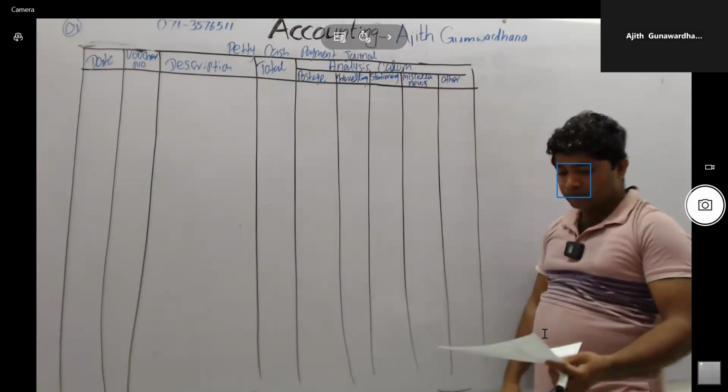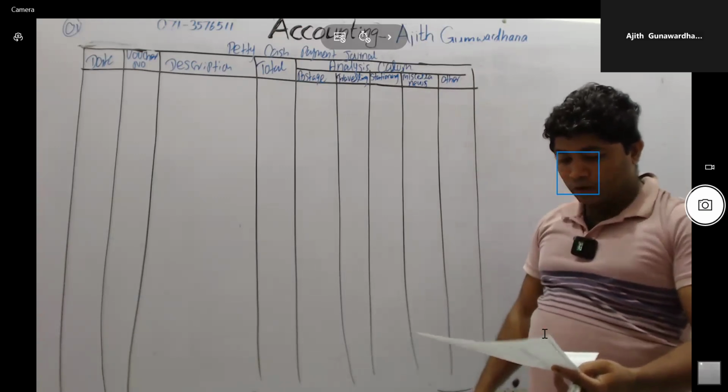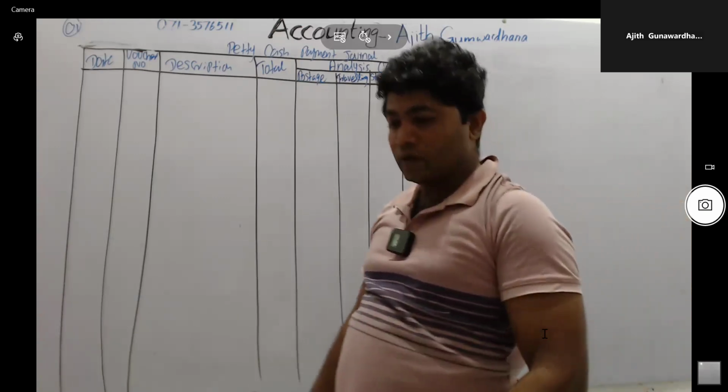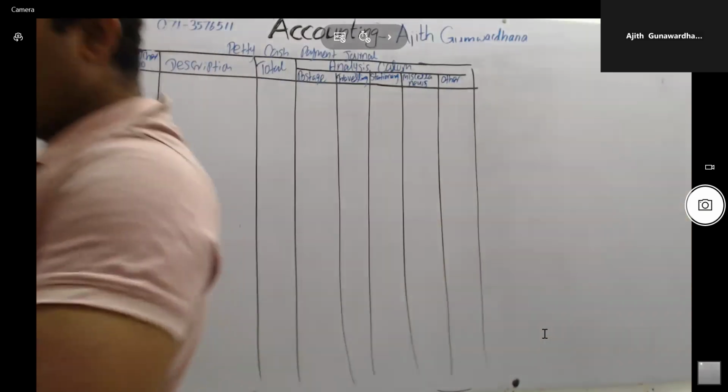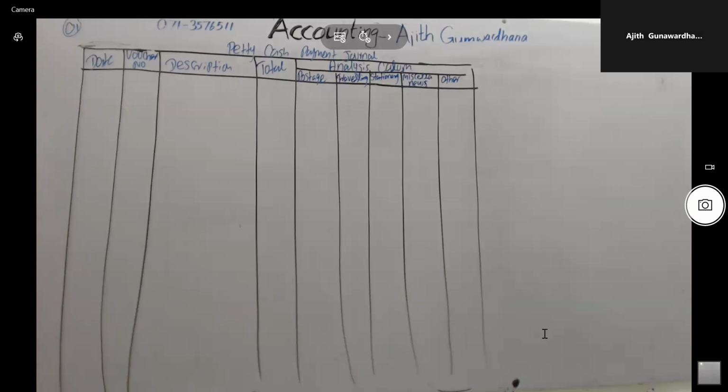First one, draw the format. Then think how to record the transactions included in question number one. First, draw the format clearly. Date, voucher number, description, then total value, as well as the analysis column.